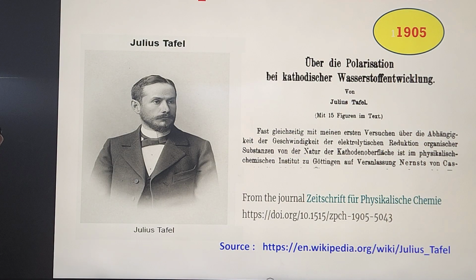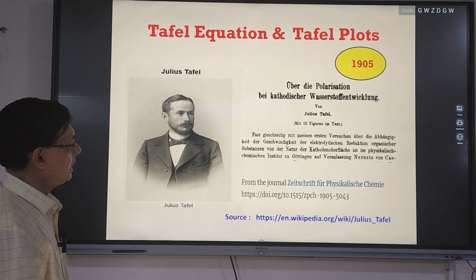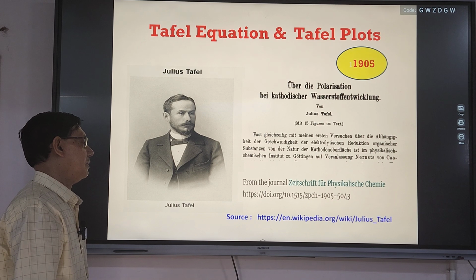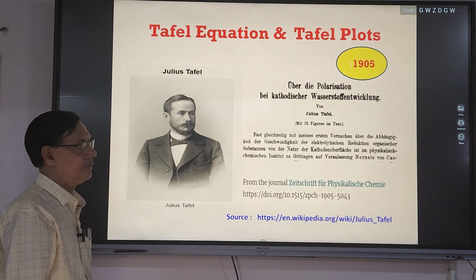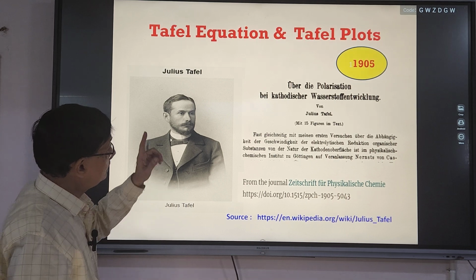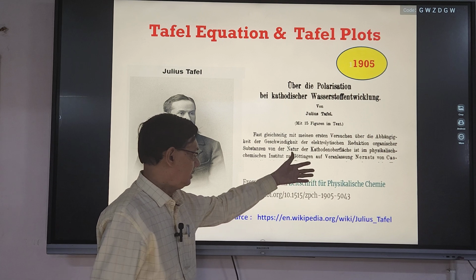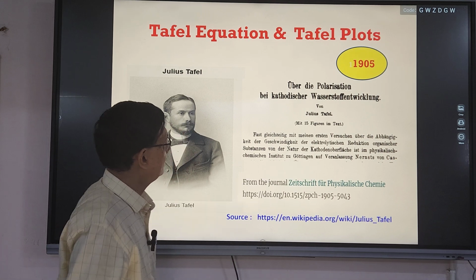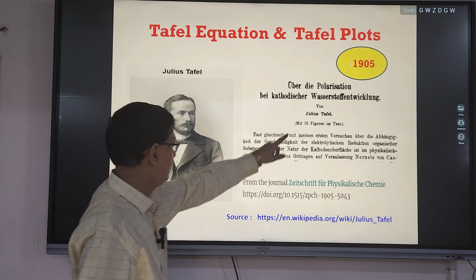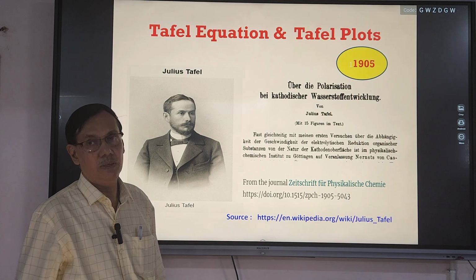Then you must know something about this Julius Tafel. Basically he was an organic chemist, but he converted into an electrochemist, and he is a German scientist. This is the first paper, in Zeitschrift für Physikalische Chemie, in German language, regarding the Tafel equation and other things, and he published it in 1905, and today is 2024.